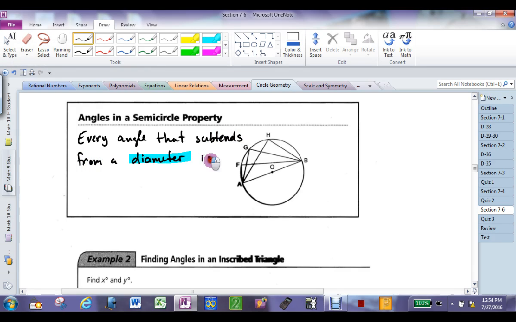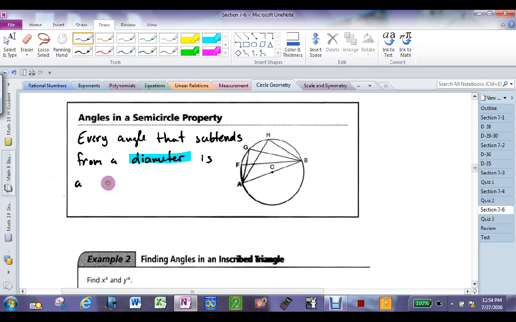Is what kind of angle? It is inscribed because it's going edge to edge, but it's a special kind of inscribed angle. No. Cannot be central and inscribed.